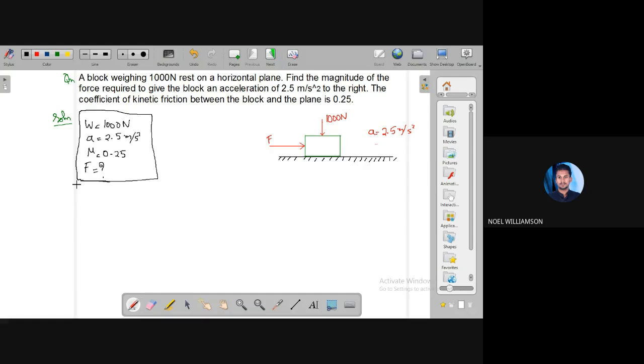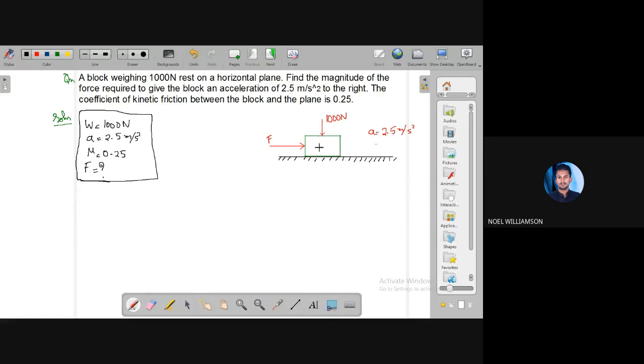Now we will analyze the system. Here we are applying a force capital F towards the right, and the body is moving towards the right. This is the x-axis and the perpendicular is the y-axis. There is no motion with respect to the y-axis, that is the vertical direction.